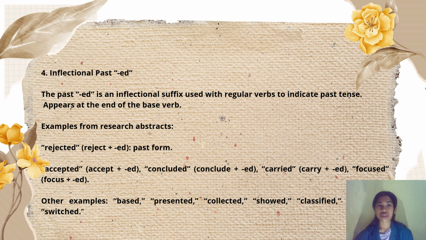In this slide, we would like to discuss the inflectional past ed. The past ed is an inflectional suffix used with regular verbs to indicate past tense. It appears at the end of the base verb. Examples from research abstracts: the word rejected, coming from the free morpheme reject plus the past ed. And then accepted, the free morpheme accept plus ed becomes accepted.